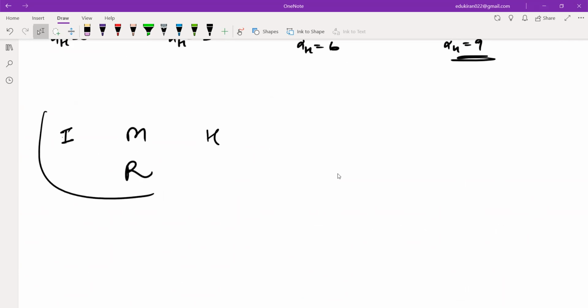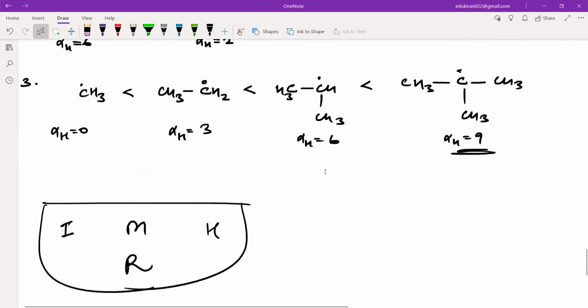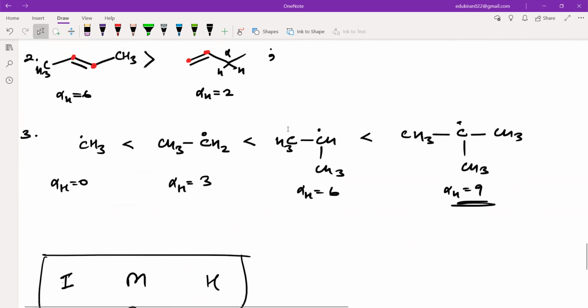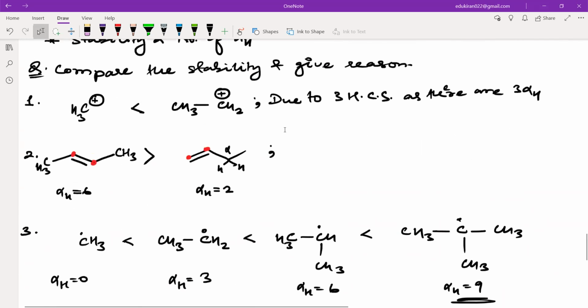So with these four, we will be talking about the stability of carbocations and which carbocation is going to be more stable. Here we have looked at free radicals and alkenes. We will not be studying alkenes further here because we are learning about intermediates, but the stability of alkenes will be useful when we learn the hydrocarbons chapter, in the section on alkenes. So we will meet tomorrow, and hopefully this chapter will be completed.